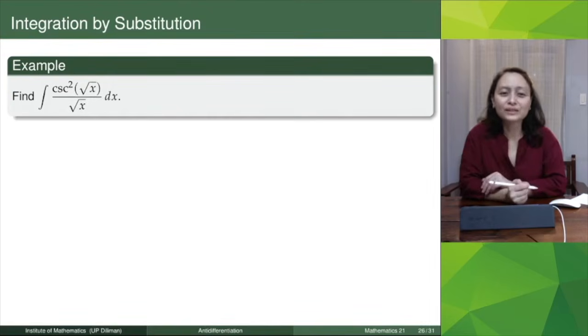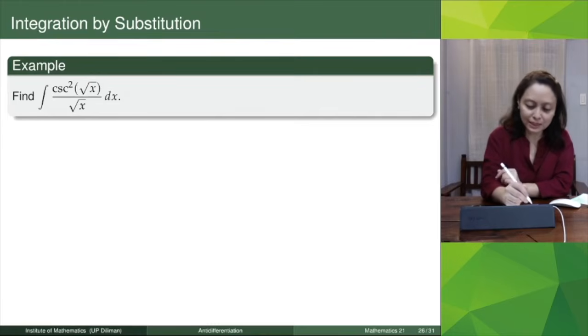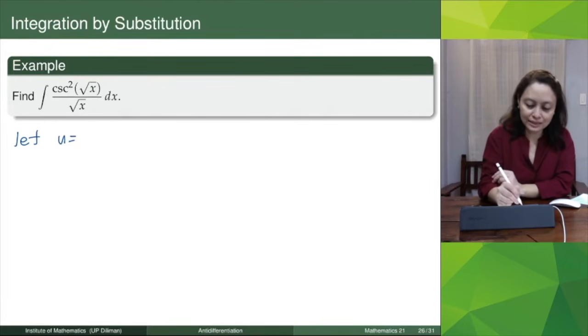Next, we want to find the antiderivative of cosecant squared of square root of x over square root of x. Okay? Huwag kayong matataranta na may mga square root. Sige, try ulit natin. Pili tayo ng u. Since square root of x is inside cosecant, tingnan natin, if u is square root of x, what will be du?